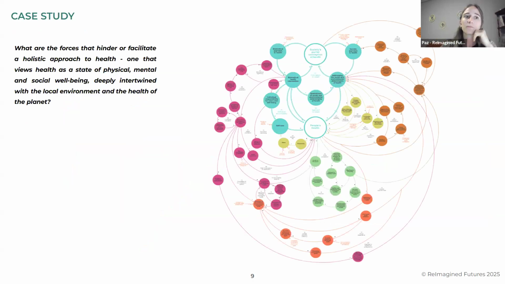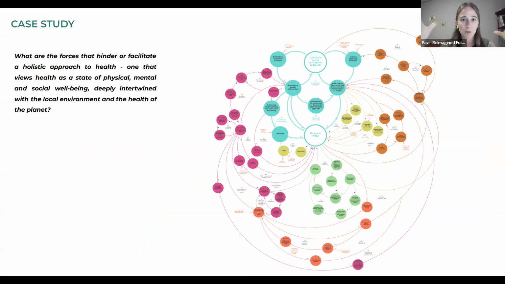As I told you, the guiding star, which in this case was a society. We came together with GenCat and stated this guiding star, which is a society that conceives of health as a state of physical, mental, and social well-being, intrinsically connected to both the local environment and the health of the planet.